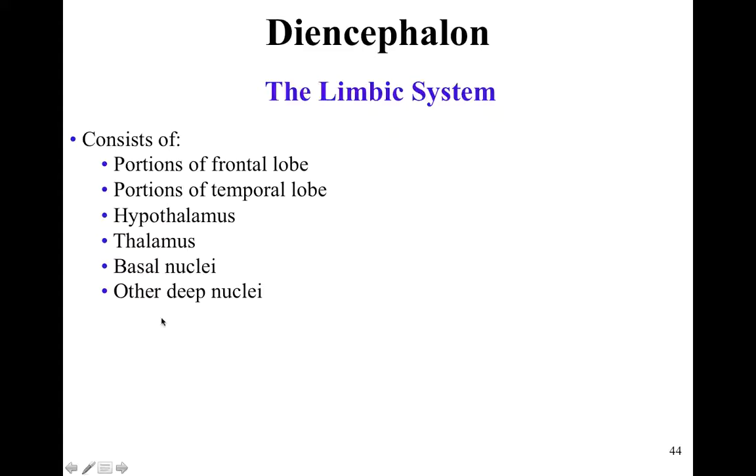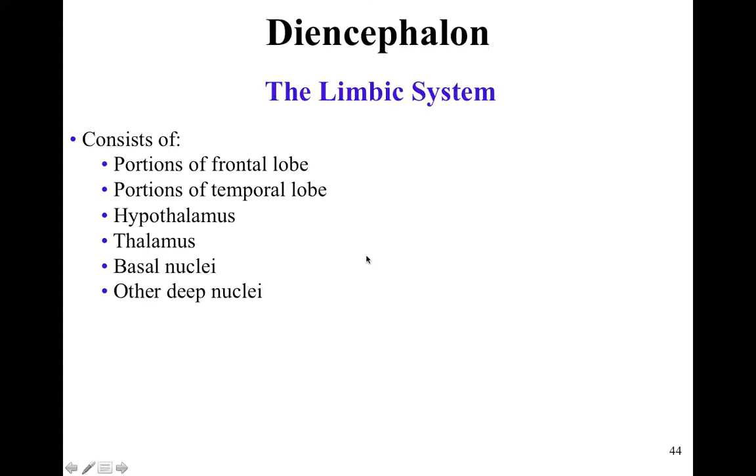The limbic system helps to control our emotions, also produces feelings, and interprets those sensory impulses that come in. So the limbic system is really important. Emotions, feelings, understanding what's coming in.